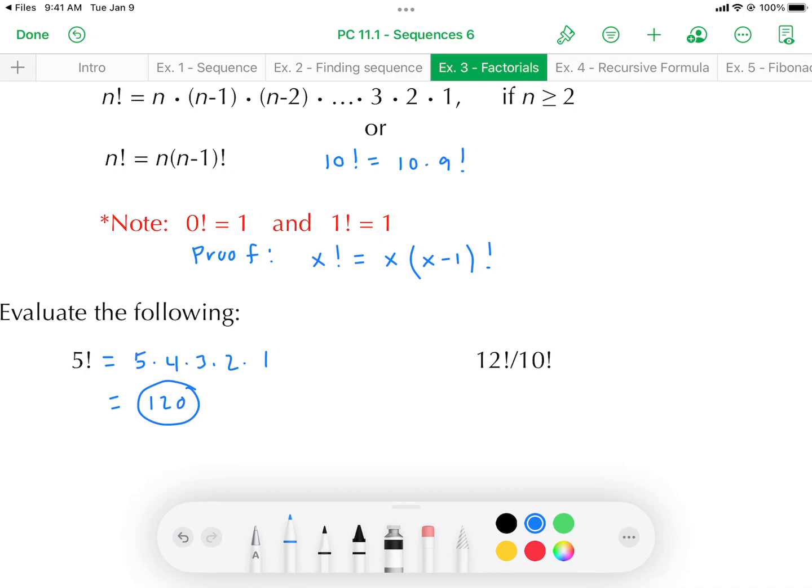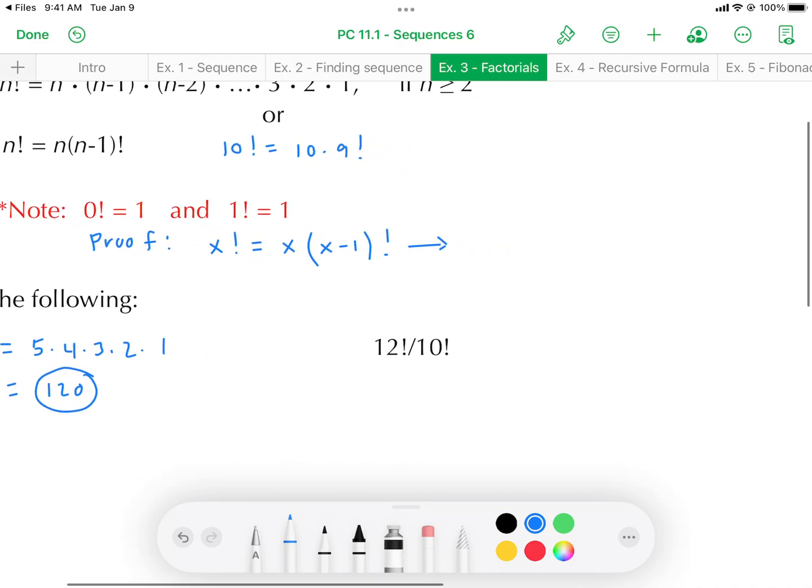Now I'm going to solve that for x minus 1 factorial. So I'm going to now say that x factorial divided by x is equal to x minus 1 factorial. See what I did there? I took the original and I just divided it by x on both sides.